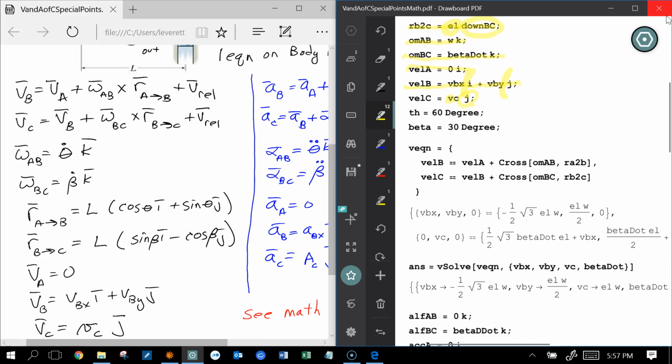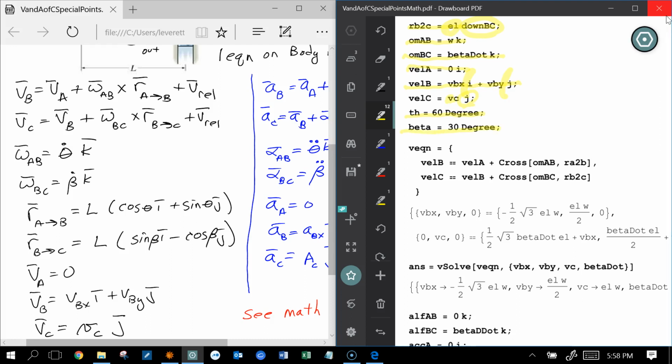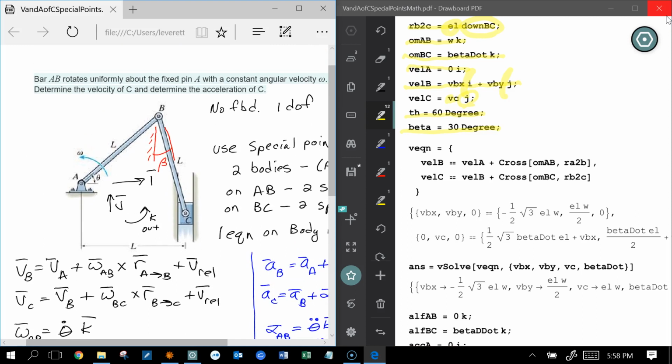Okay, what's the angle theta? The theta is not 60 degrees. What's the beta? The beta is 30 degrees. Now, the special points are not good for finding the positions. That's one of the difficulties. So you've got to go in and find out what that angle is.